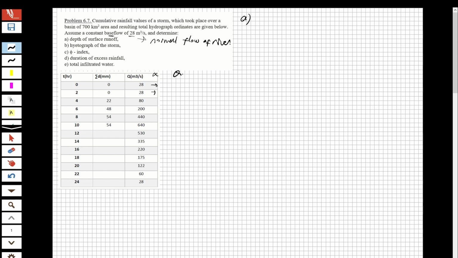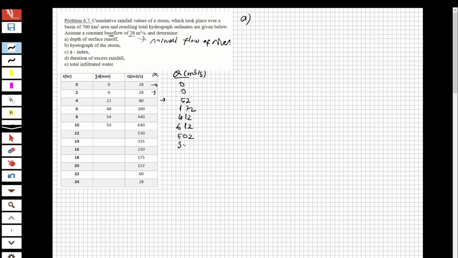For example, this is Q, in meter cubic per second because it is discharge. 28 minus 28 is going to be 0. 28 minus 28, 0. And this is going to be 52, and this is 172, and this is 412. This is 612, and this is 502.